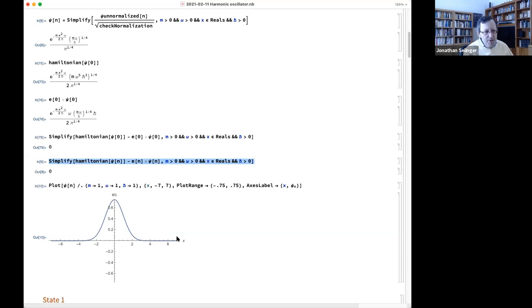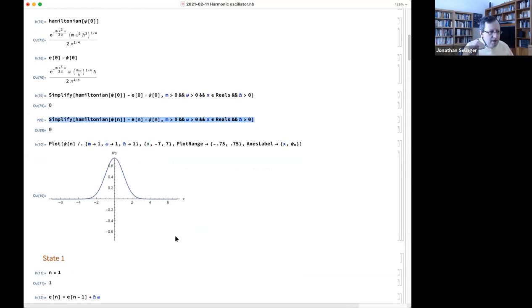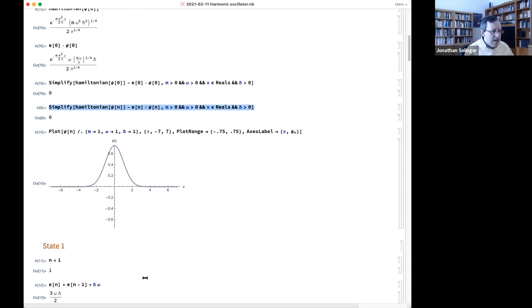Okay? If we want to go up to the next highest state, suppose we want to go one step up the ladder to n equals 1. The energy for n equals 1 is going to be the energy for n minus 1, so 0, plus h bar omega. So that's this 3/2 omega h bar.